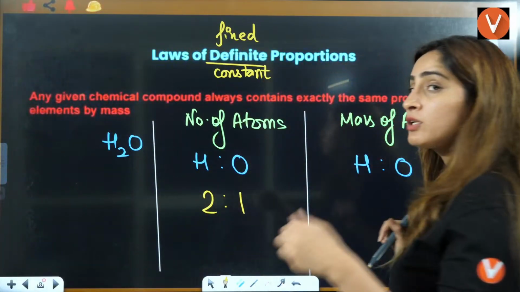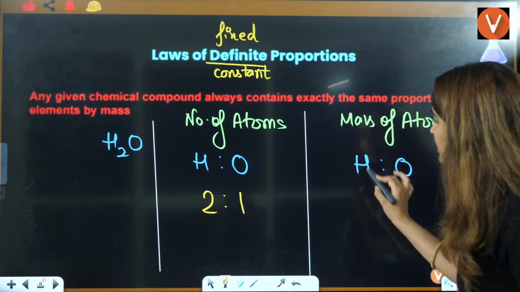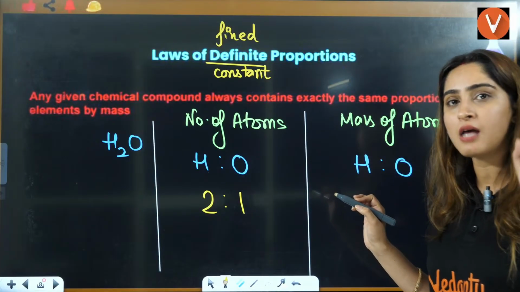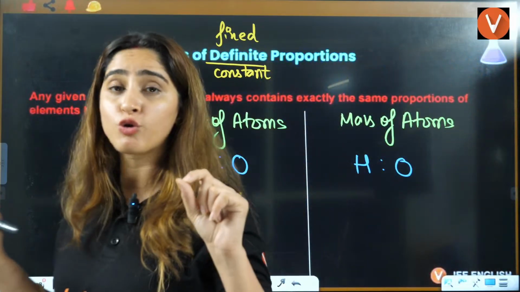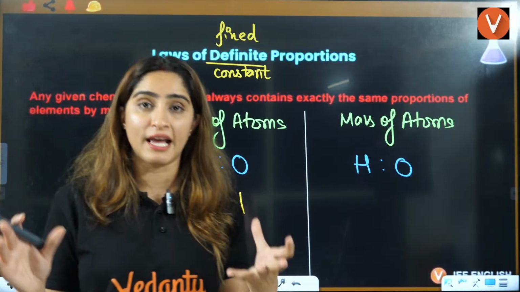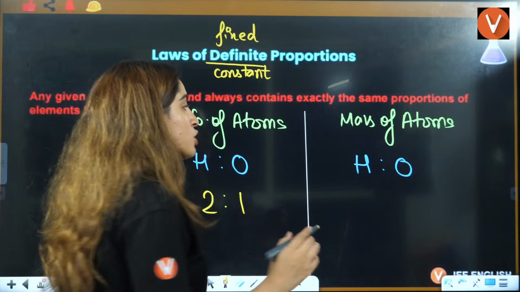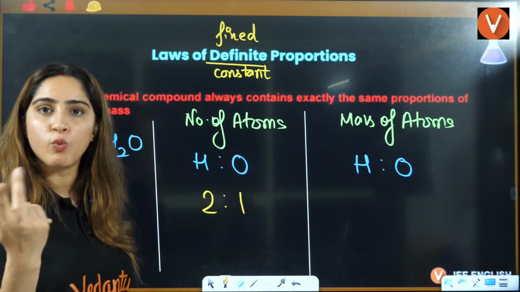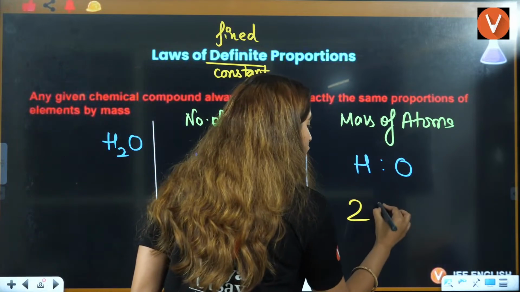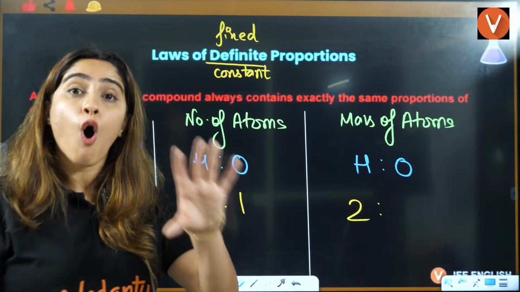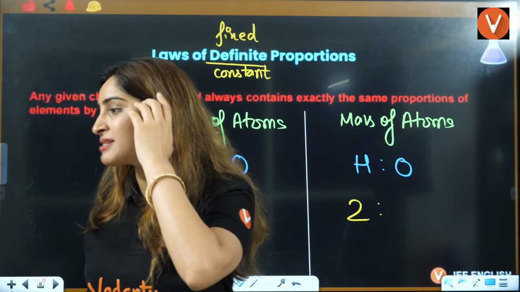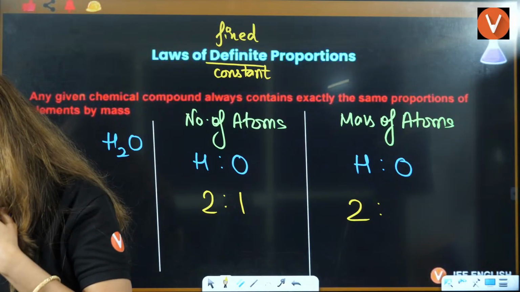Now if I talk about the mass of the atoms, one hydrogen has atomic mass 1, which I have also taught you in the basic foundation lectures. So 2 hydrogen means 2 into 1 is 2, so that will be 2. Now oxygen is having how much mass? Let me see in the chat box.